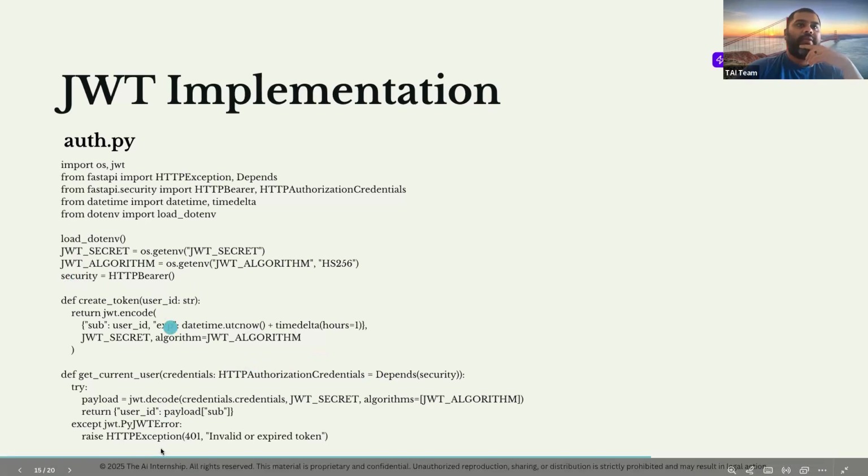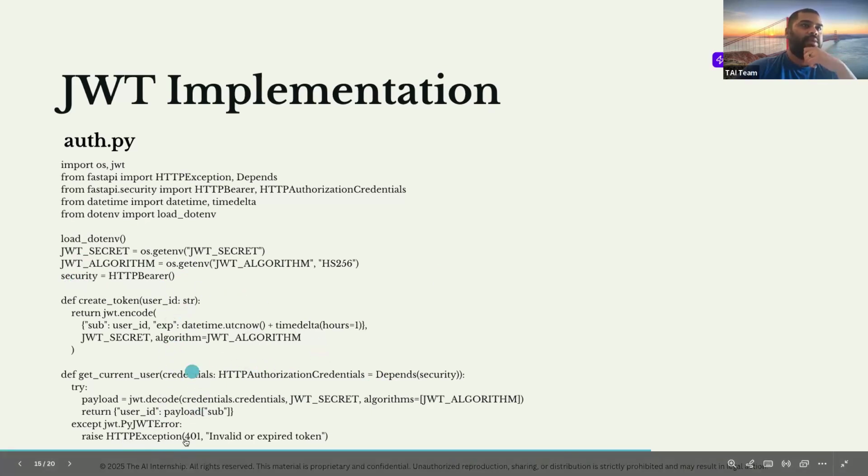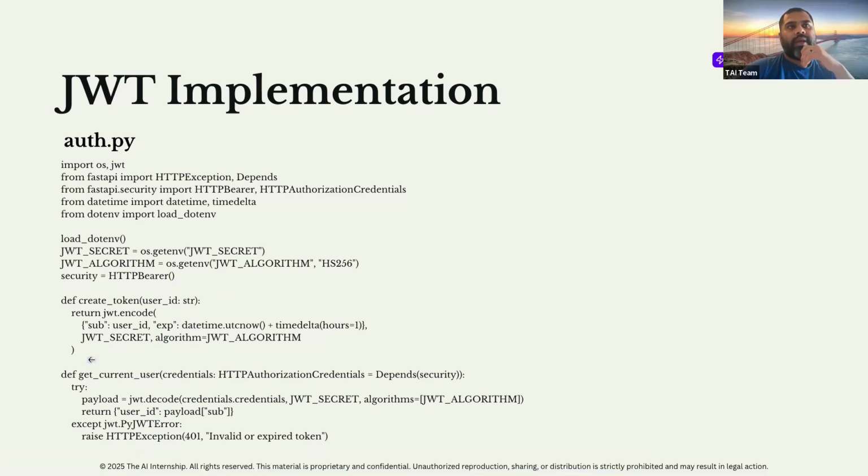And then you need at least two methods. One is to create a token. We are mimicking the server side here, so we're creating the token whenever you send some information. So you have the user ID, and then you need to add the expiration details, like how long this token should last, and the algorithm that you're using, in this case HS256.